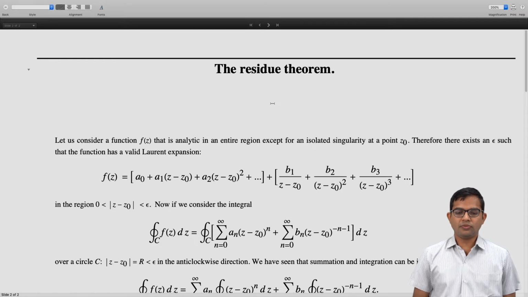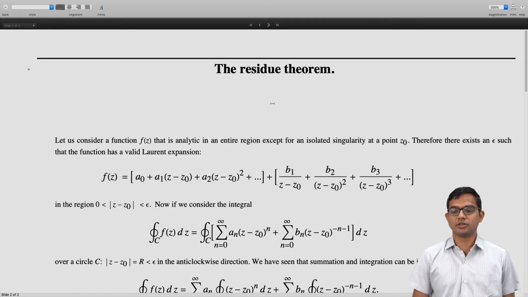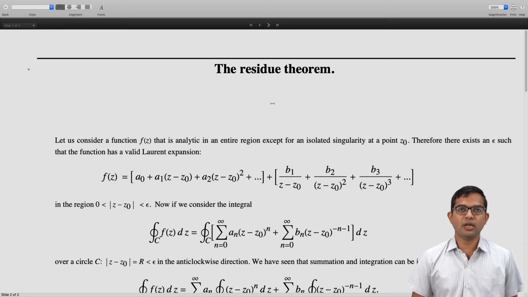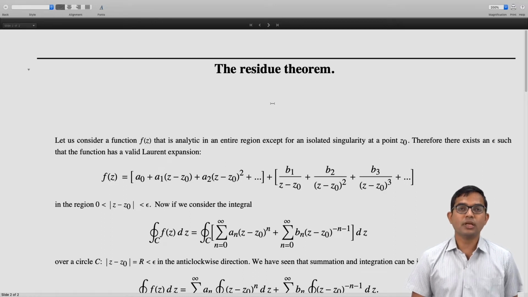Okay, so if we have a function f of z that's analytic in an entire region except for an isolated singularity at some point z0, then we know that there is a valid Laurent expansion which we can write down, where all these positive powers in z minus z0 form the regular part, and then you also have these coefficients b1, b2, b3, and so on, and they together form the irregular part, right?